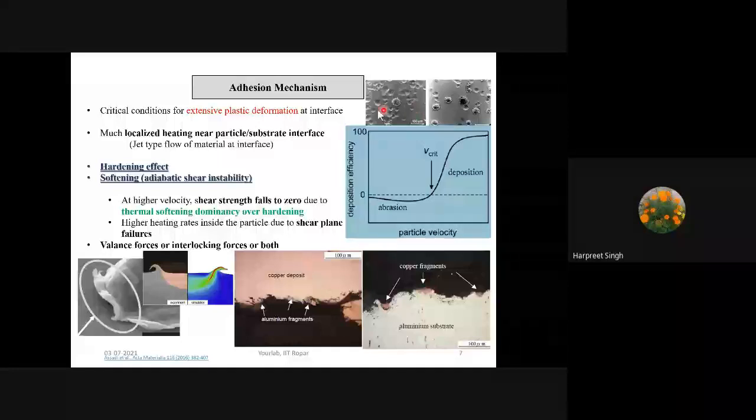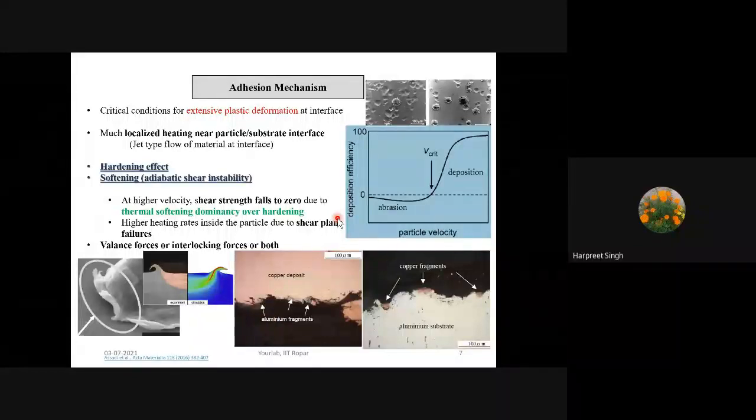So here there is no particle, but here is a particle, right? So we defined something we call critical velocity in this cold spray system, when the particle will stick on the surface. Otherwise, it will either rebound or it will go and erode the substrate and go away.